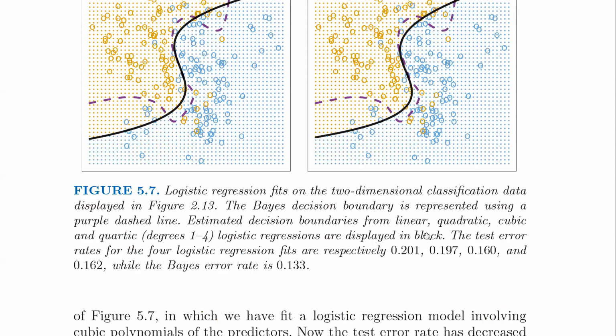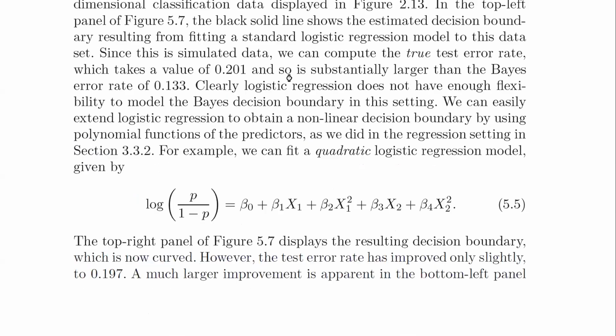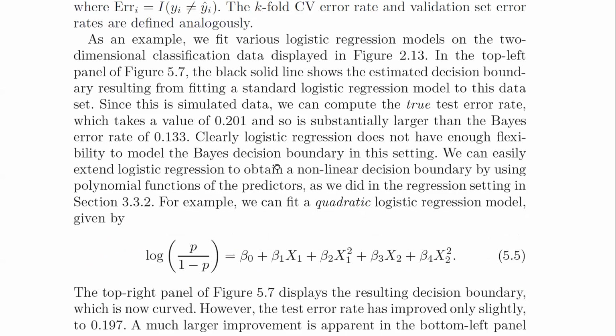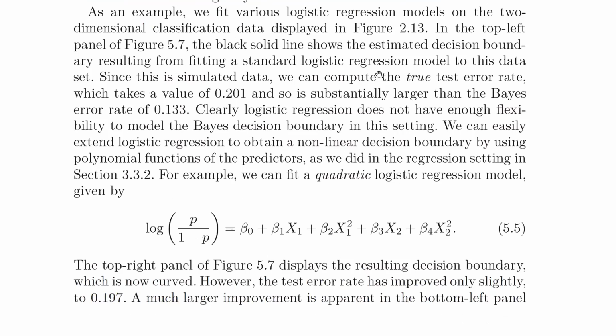Oh, perfect. The test error rates for the 4 logistic regressions are in fact, look, 0.201. It decreases, but then there's a slight uptick over here. So maybe now the model is too flexible and it's not reflecting the true subdivision within the data. Going back to what we were reading, the black solid line shows the estimated decision boundary resulting from fitting a standard logistic regression model to this data.